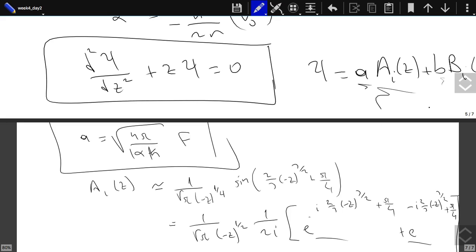Then using this matching solution, we matched it to our solution in the allowed region, which depends on d and e. So we can express d and e also in terms of a, which is related to f. This overall coefficient f is nothing but our normalization. So both d and e we can write in terms of f by using this matching function.